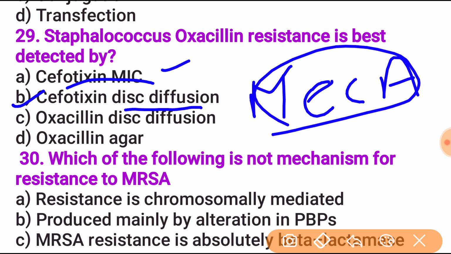Then oxacillin disc diffusion. So the better option is cefoxitin disc diffusion, and the right option will be cefoxitin disc diffusion.